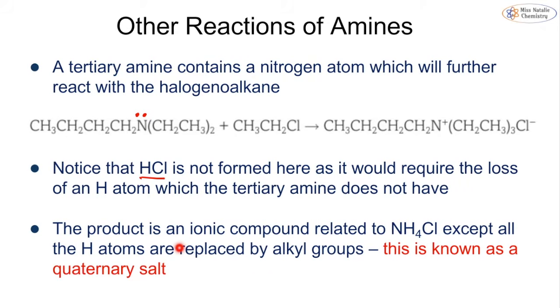Actually, what happens is we form a positively charged ion and a negatively charged ion from the chloride, and we form something called a quaternary salt. And this is essentially very similar to NH4Cl. The only difference is that these hydrogens are all replaced with different alkyl groups. And as I said, we call this a quaternary salt.